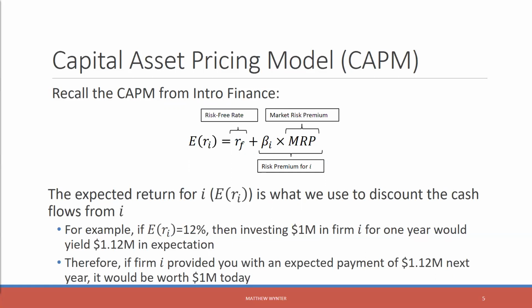So if I'm investing $1 million in firm I for 1 year, and it has an expected return of 12%, then in a year, I would expect to get 1.12 million. A different way of thinking about that is that firm I promises to pay me 1.12 million next year. Today, to me, that would be worth 1 million given the expected return of 12%, the discount rate of 12%.